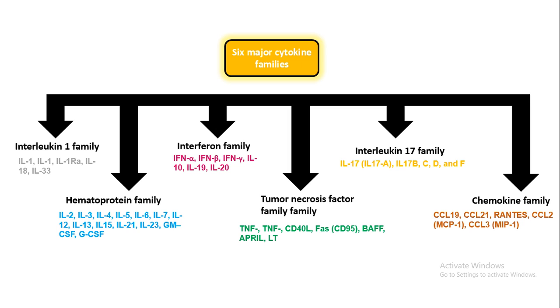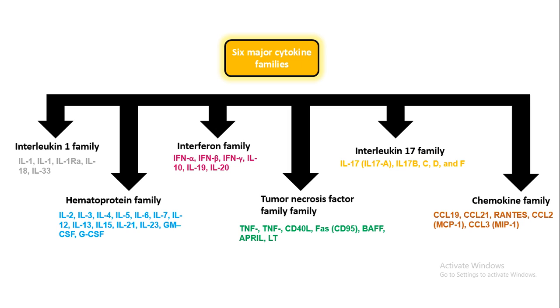The interferon family is very interesting, and it has interferon alpha, beta, gamma and lambda. Interferon alpha and beta are important and pro-inflammatory, whereas interferon gamma gives protection against viruses. Interleukin 10 or IL-10 is an anti-inflammatory molecule secreted by the T regulatory cells.